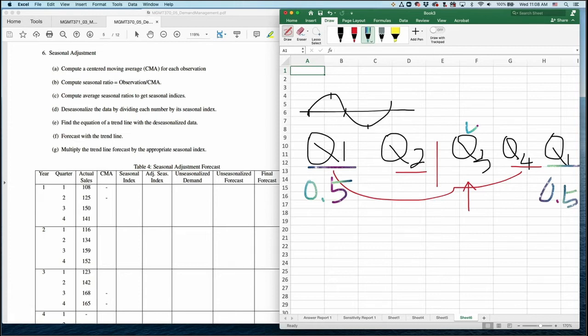But the 2 periods early and 2 periods later are identical, so we assign 50%, right? So we have to use this kind of a centered moving average first. Then if we take this centered moving average, we take into account all 4 seasons, which means this is the deseasonalized information. With this seasonal information, we divide by the deseasonalized information, then we have the seasonal ratio.